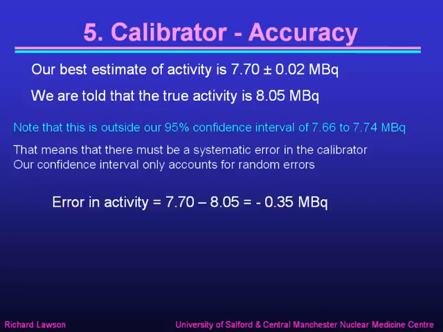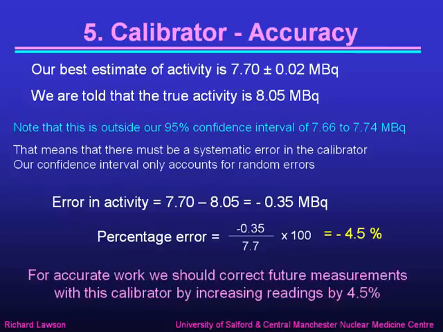So the error, the difference between 7.70 and 8.05, is minus 0.35 megabecquerels. As a percent, minus 0.35 over 7.7 multiplied by 100 is minus 4.5%. So we can see that this calibrator is reading 4.5% low compared with the true activity.